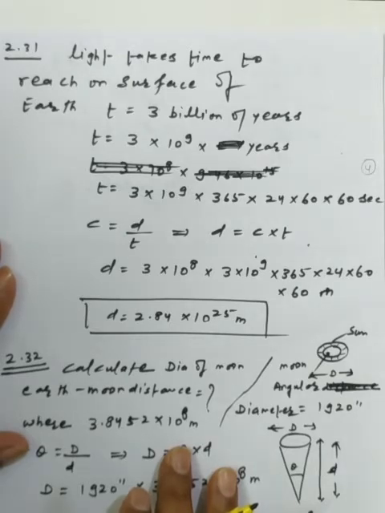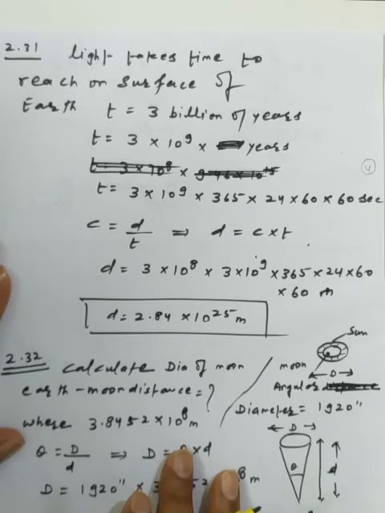The farthest objects in our universe are so distant that light emitted by them takes billions of years to reach the earth. What is the distance in kilometers of a quasar from which light takes 3 billion years to reach us?